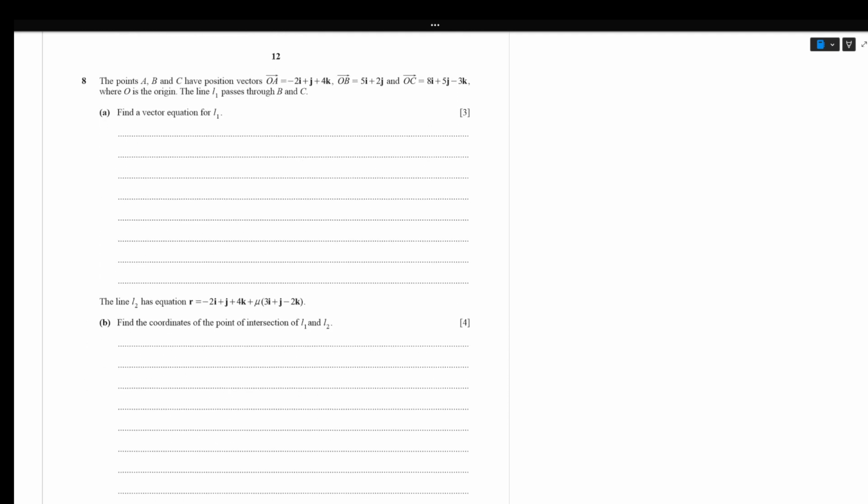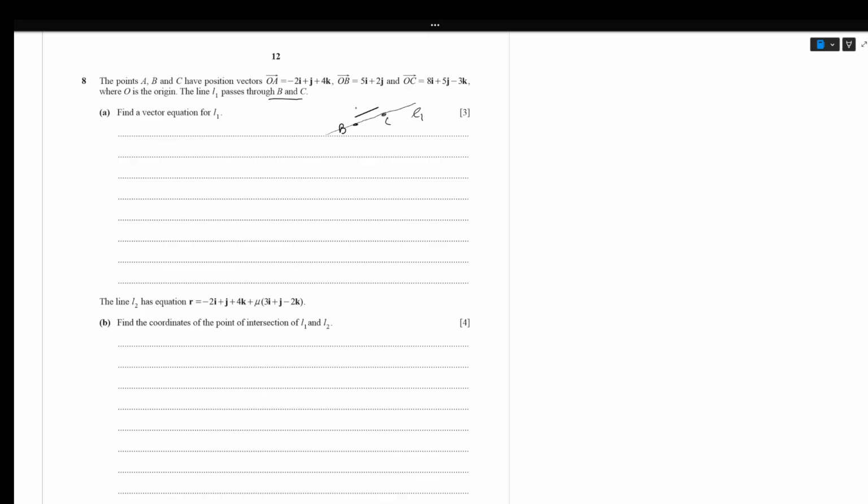Okay, question 8. You are given OA, OB and OC, and L1 passes through BC. There is a point B, a point C, and L1 passes through that.